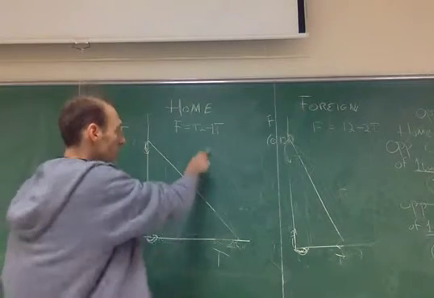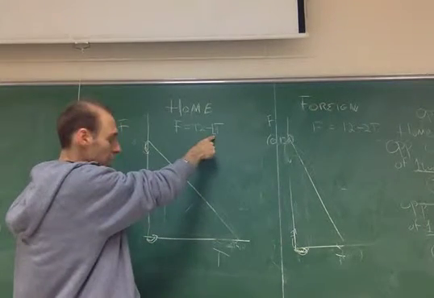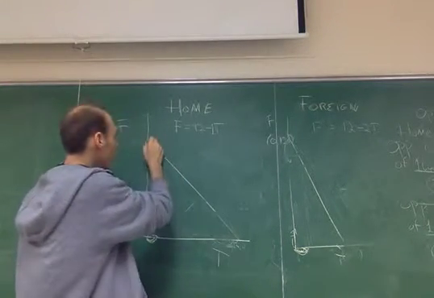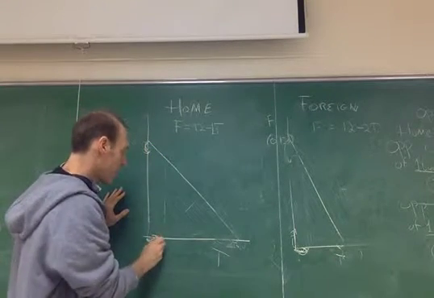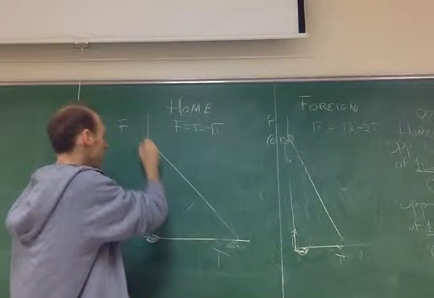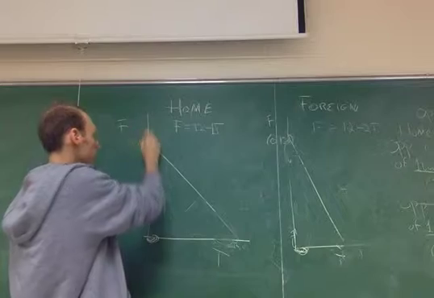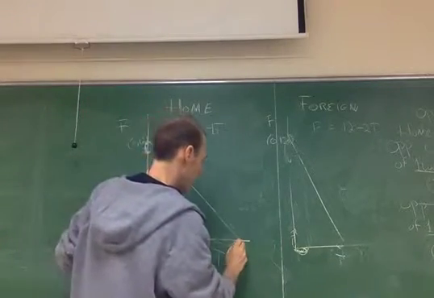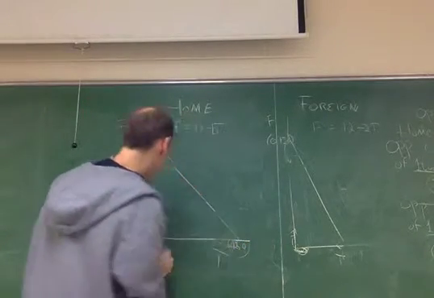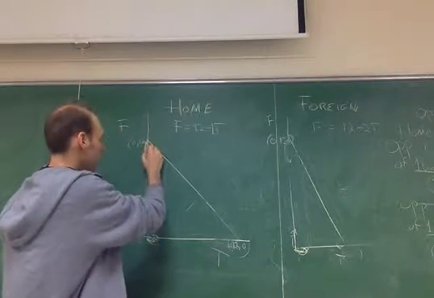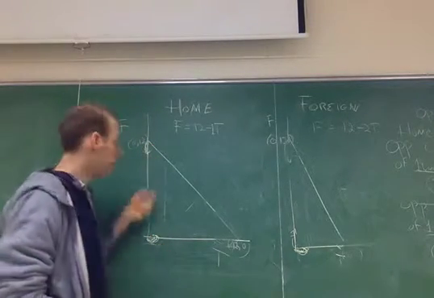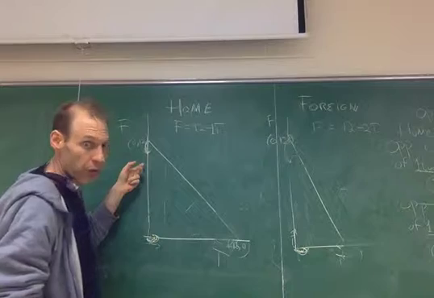That told us that the opportunity cost of a tool is 1 unit of food. To get one tool in home, you have to give up 1 unit of food. This was 0, 12 up here, and this was 12, 0 over here. But the point is, to get a tool, we have to give up 1 unit of food.